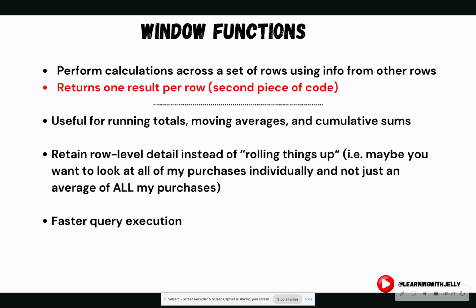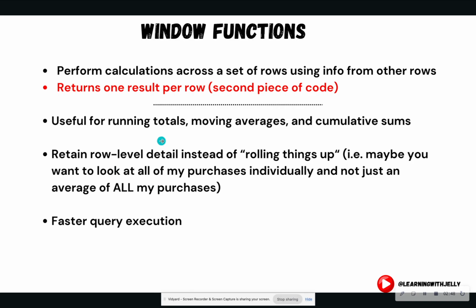Now, if that table had 500 people in it, instead of only giving three results back, it's going to give you 500 results. It's going to maintain that row level detail. And this is one of its many advantages.